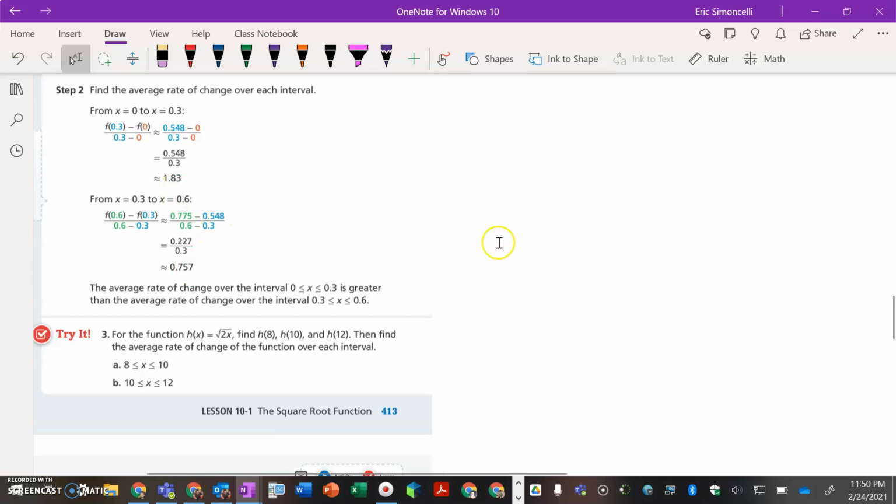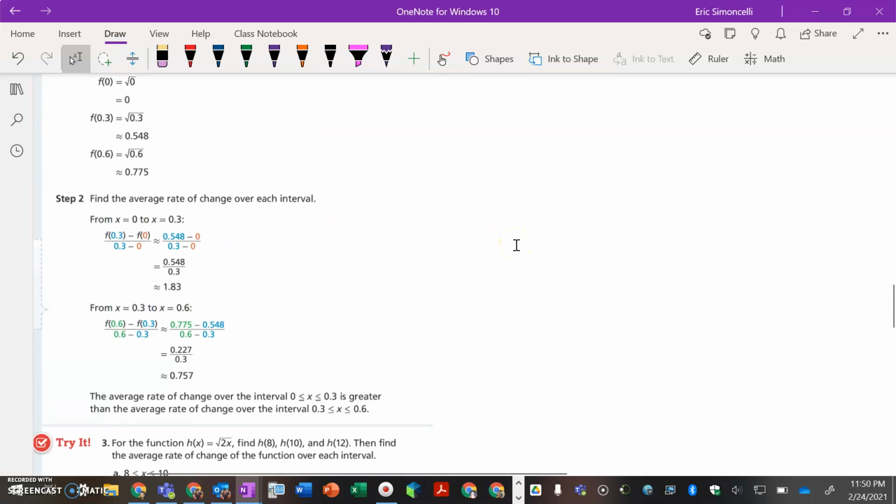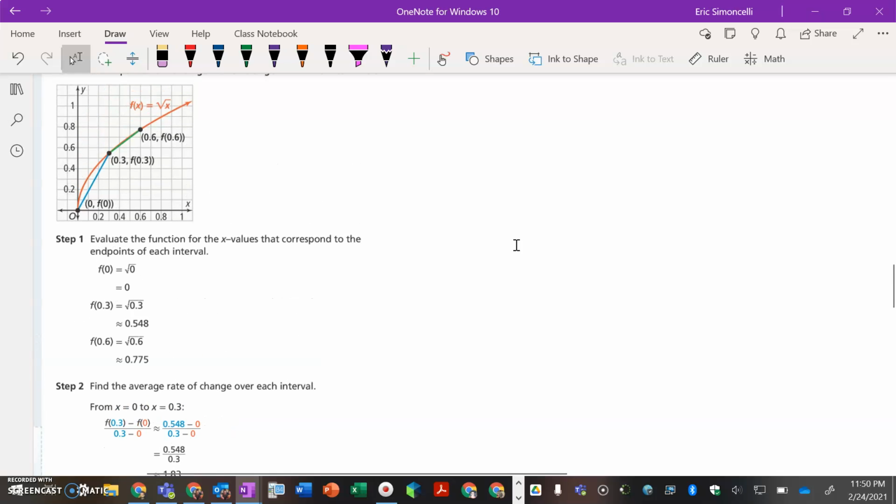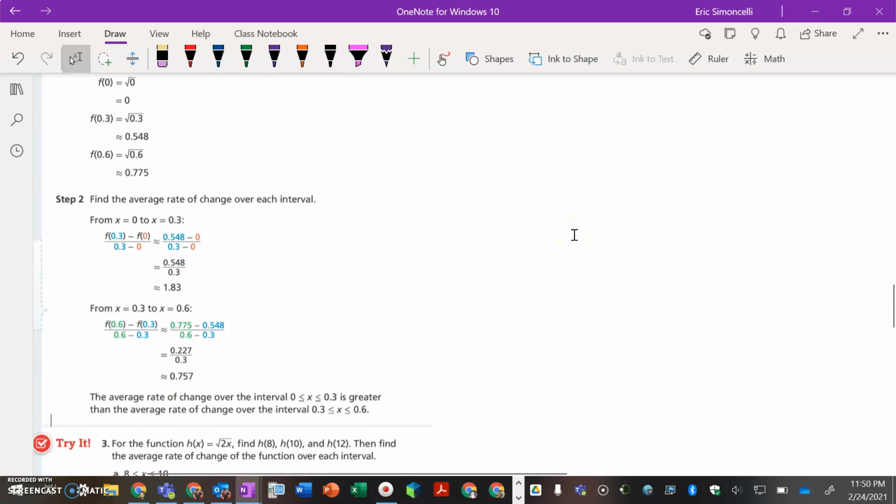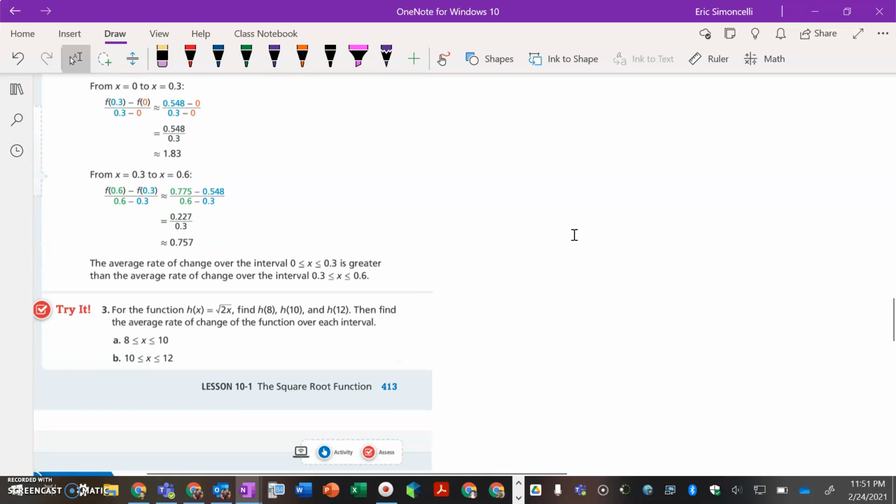If you look at the graph as well, if I go back here for a moment, you could pretty obviously see, I would argue, that this slope, this blue line connecting these 2 points, this blue slope, let's just say, is steeper than this green slope. Okay, so the average rate of change between those two versus those two is clearly a larger slope. I say steeper because it looks to be.